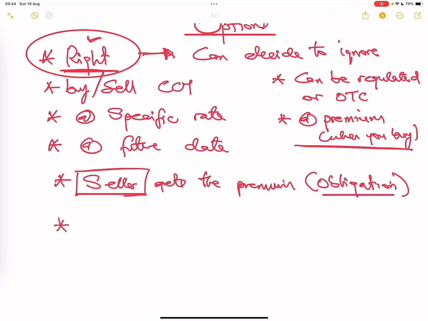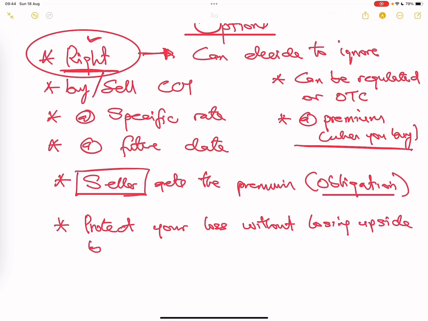So option helps you to protect your loss without you losing the upside benefits. Remember, if the market is looking so good that you don't need that kind of insurance, you can ignore it and go for the upside that the market is offering you.